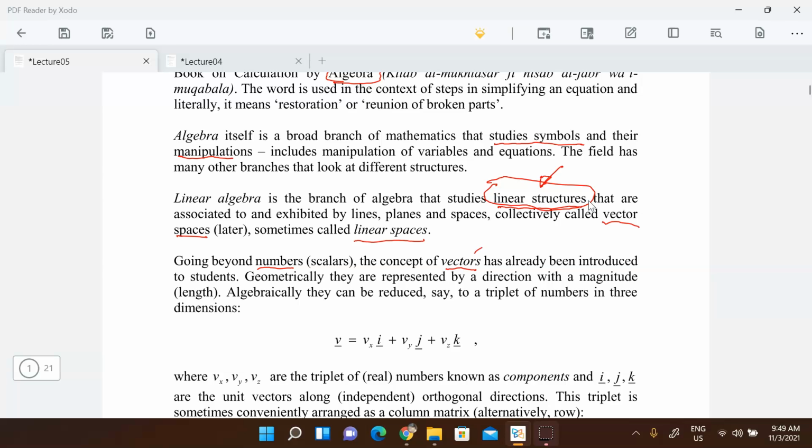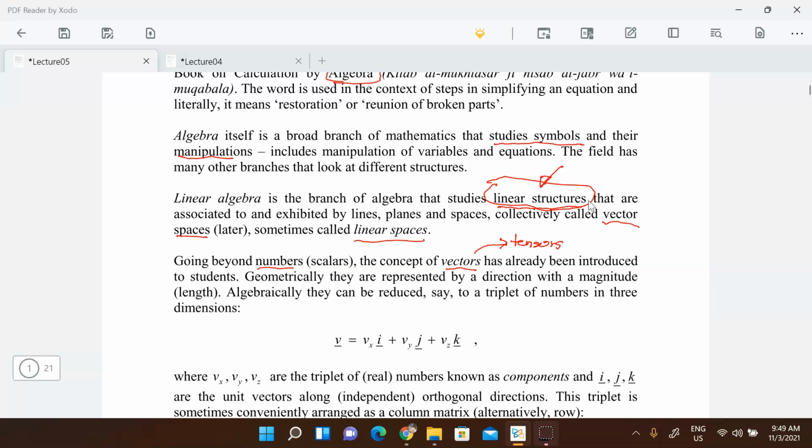Later on, if you do the second course on mathematical methods, usually named mathematical physics, you will see that vectors are in fact a subset of what is known as tensors. You will learn this later on.